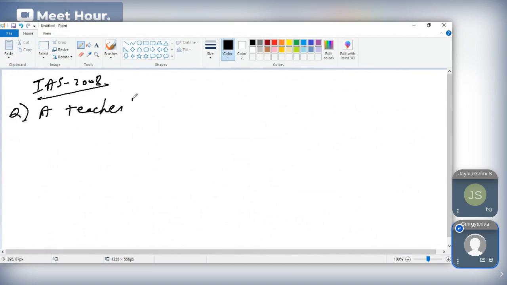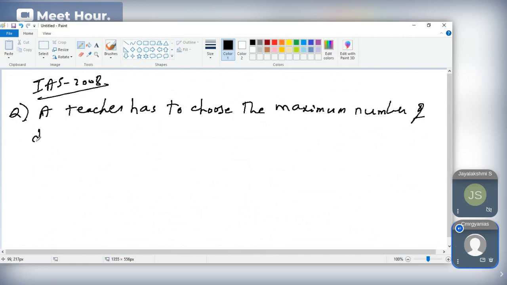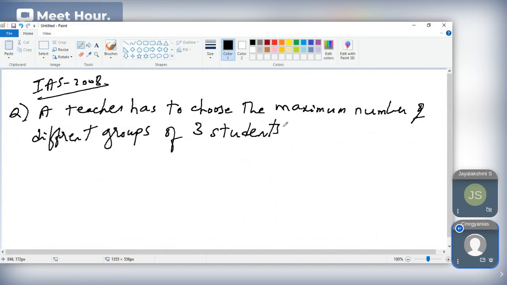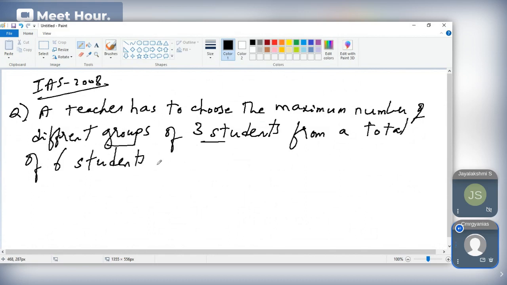A teacher has to choose the maximum number of different groups of 3 students from a total of 6 students.